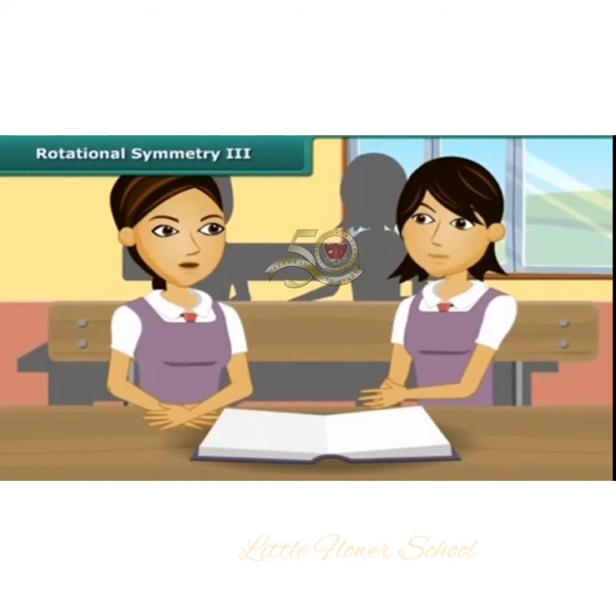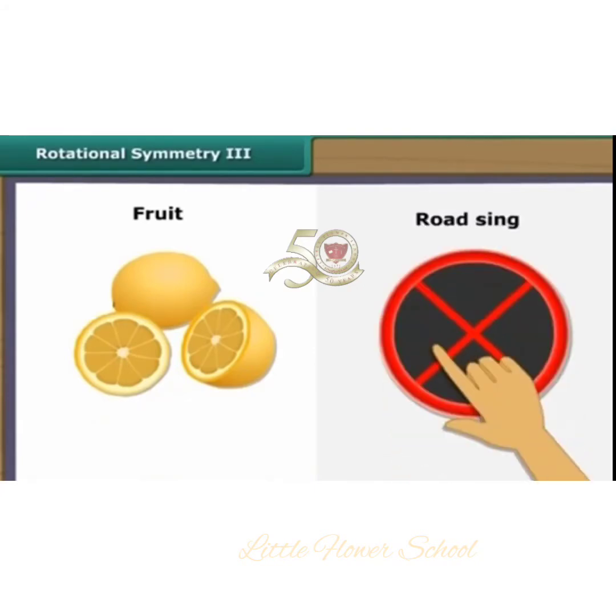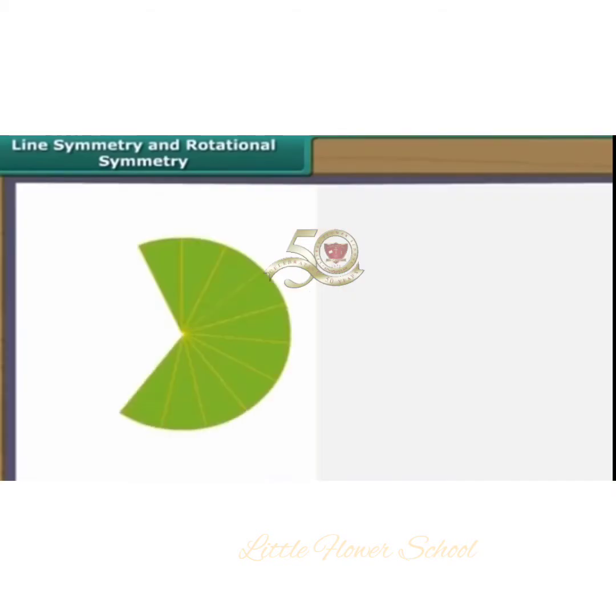Yes. When we slice certain fruits, the cross sections are shapes with rotational symmetry. There are many road signs that have rotational symmetry. Do you know which the most perfect symmetrical figure is? Is it a circle? Yes, the circle is the most perfect symmetrical figure. It can be rotated around its center through any angle, and at the same time, it has an unlimited number of lines of symmetry.